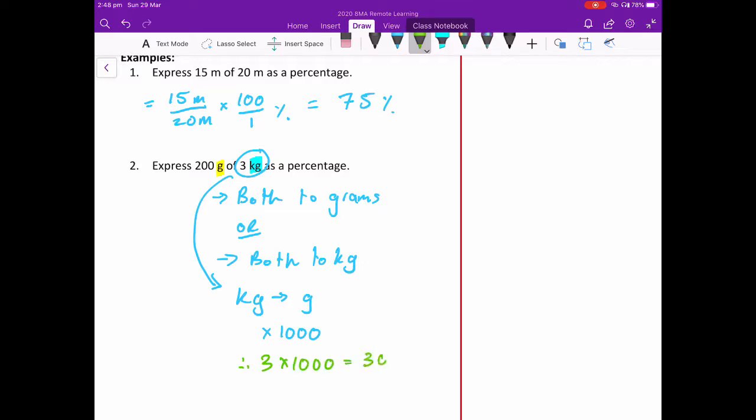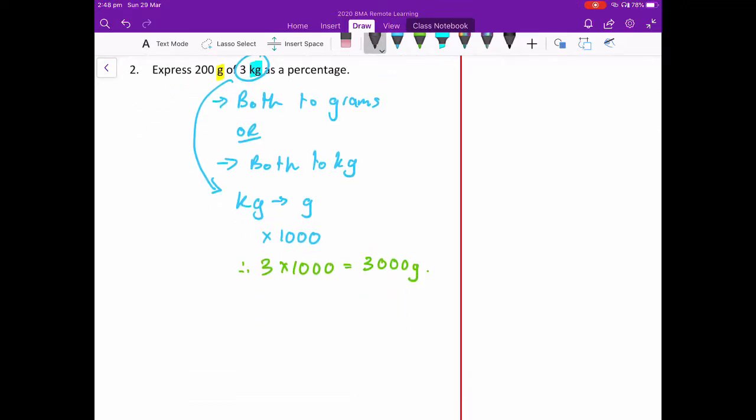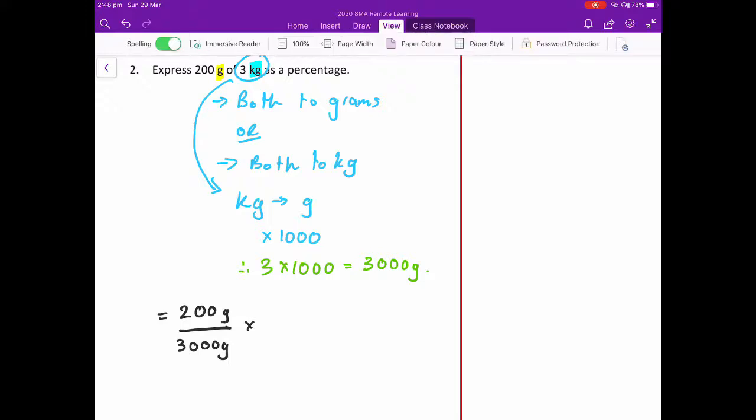And that'll give me 3,000 grams. So now I can work out the actual percentage composition. So I'll have 200 grams over 3,000 grams. Okay, and I'm going to multiply this by 100 over 1%.